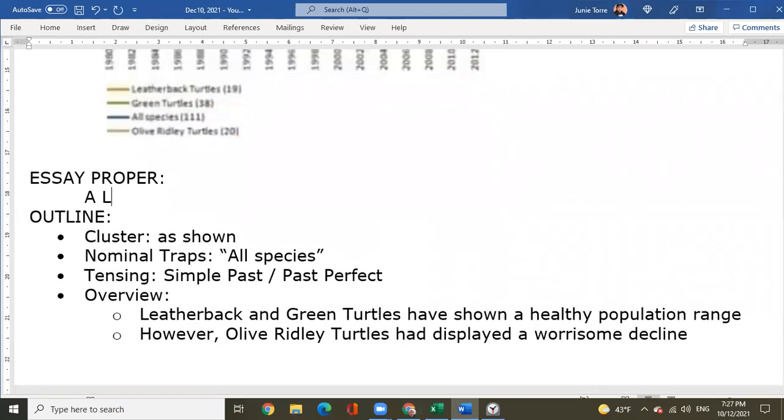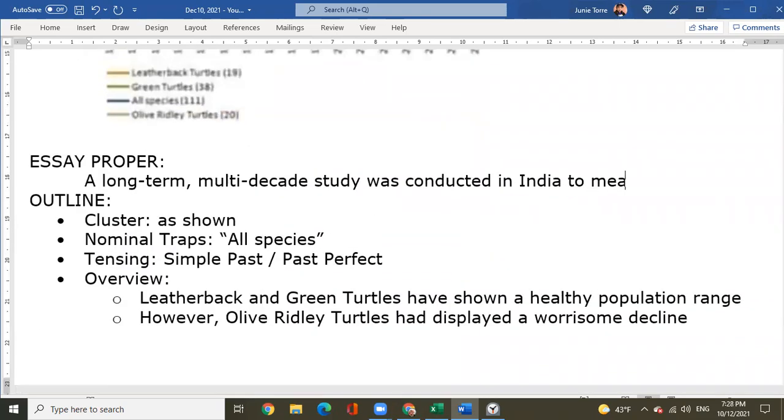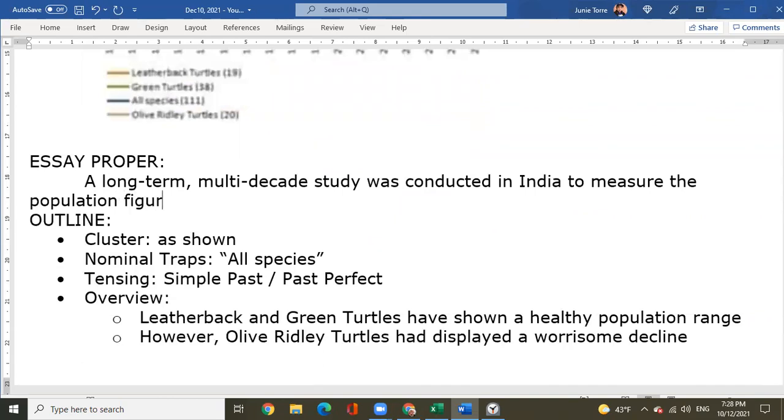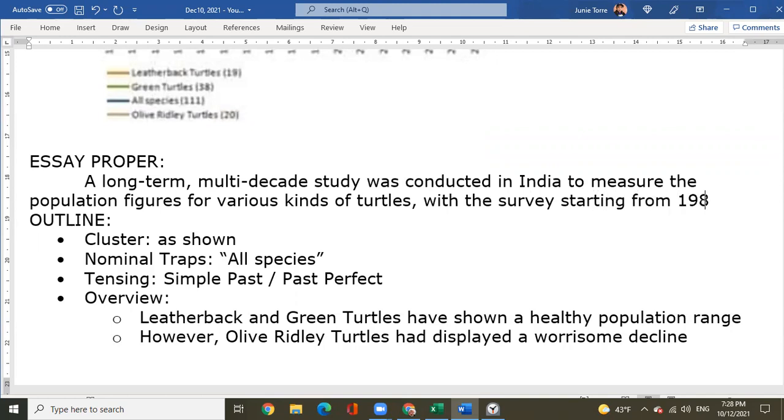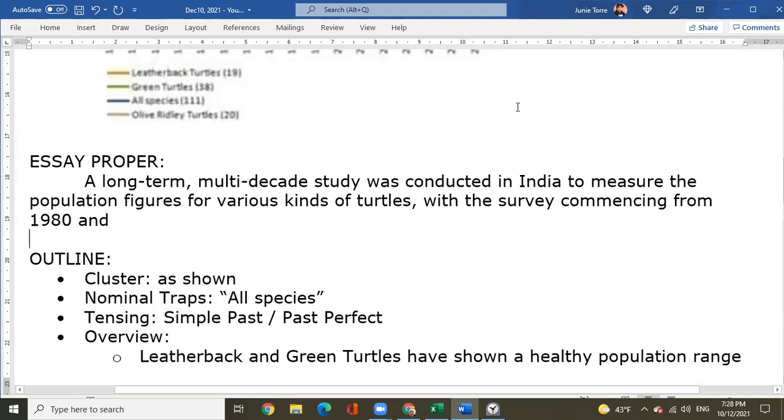A long-term, multi-decade study was conducted in India to measure the population figures for various kinds of turtles, with the survey commencing from 1980 and ending in 2012. What's another word? I'll go back to that, guys. I want to use more fancy words there.